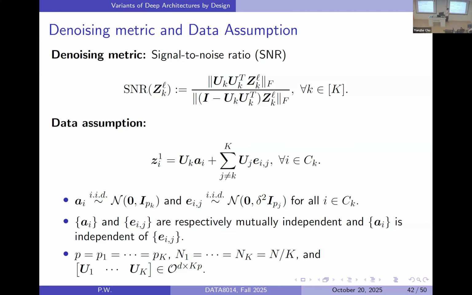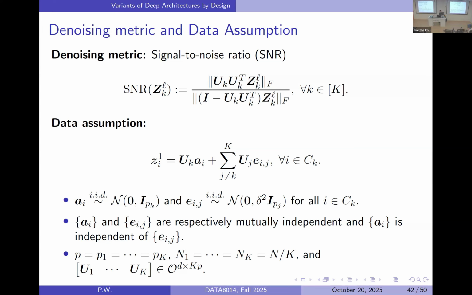Okay, for this assumption. We also have some independence assumptions on this noise vector and also the signal vectors, right? To facilitate our theoretical analysis. Okay, independence. We assume a_i and e_ij, right? All of these vectors are respectively mutually independent, and a_i also is independent of e_ij, okay?